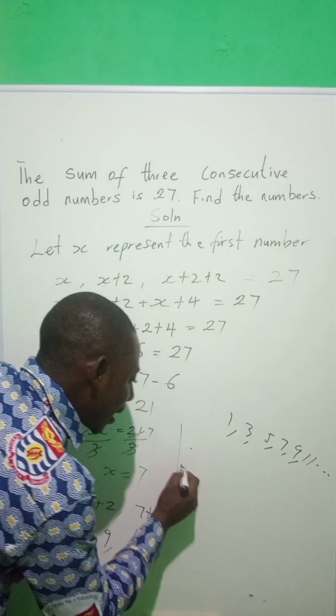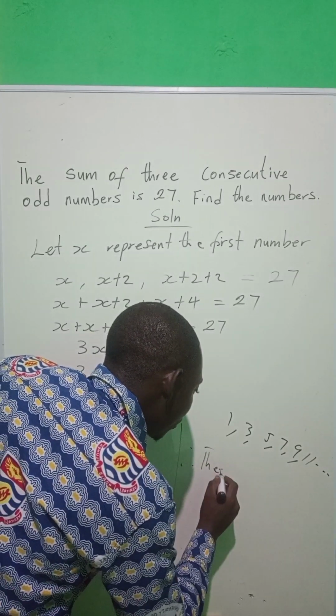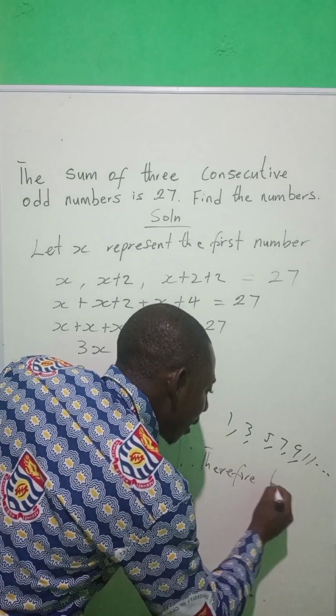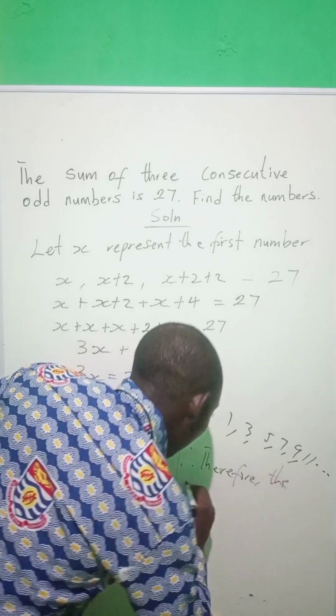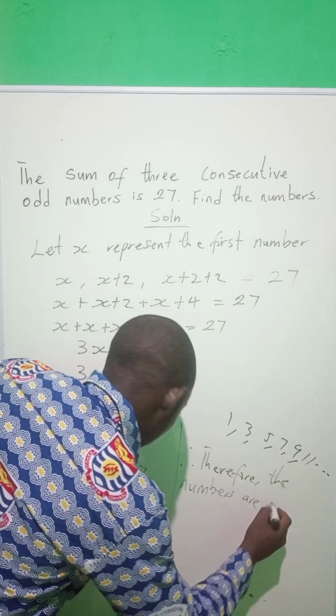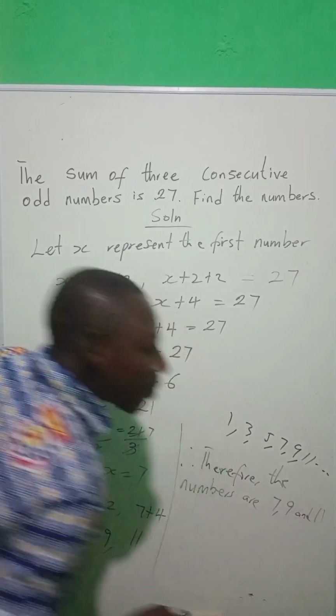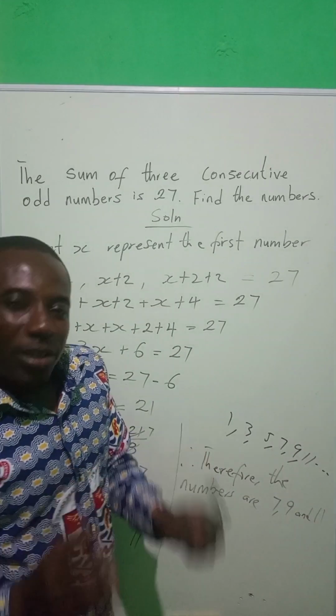Therefore, the numbers are 7, 9, and 11. And that is very simple.